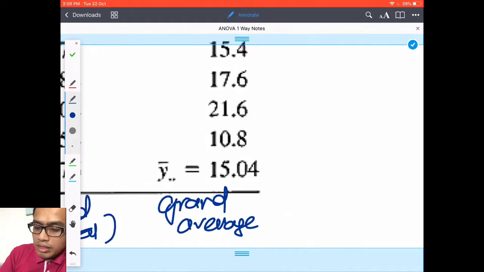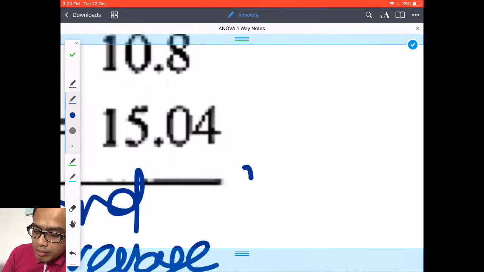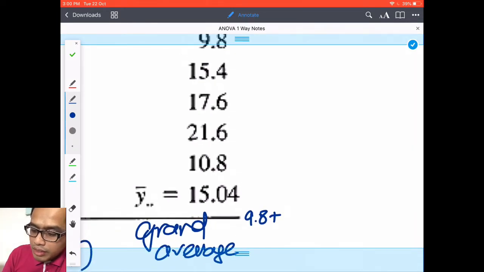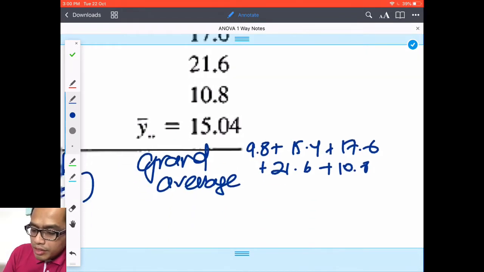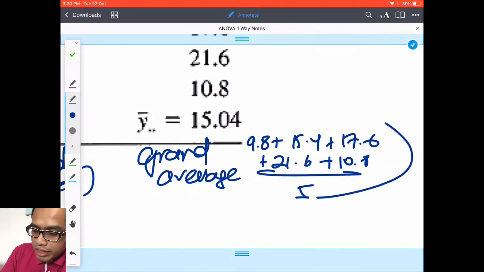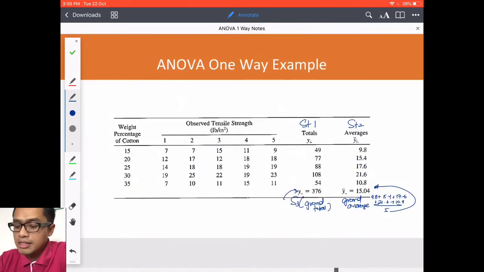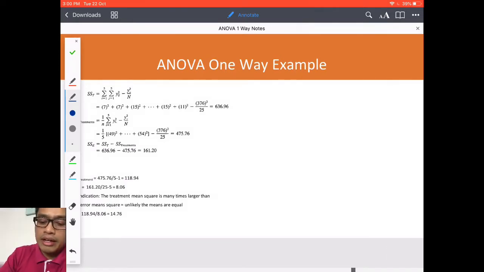So all this, how do you find the grand average? 9.8 plus 7, what's that? 15. 4 plus 17.6 plus 21.6 plus 10.8 divided by 5, you'll get this result, 15.04. That is the grand average. The calculation is lengthy but not that hard.